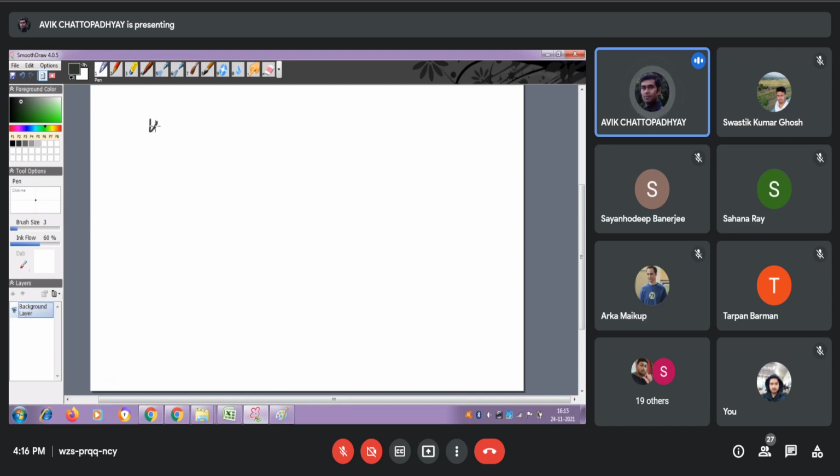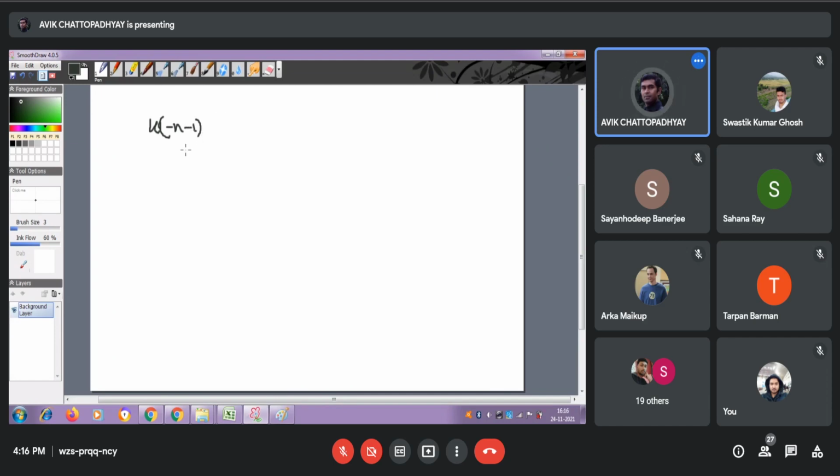That signal I am interested in: u of minus n minus 1. This signal. Fine. So here everything starts from n equals minus 1, not from n equals 0, and continues up to n equals minus infinity. Fine.